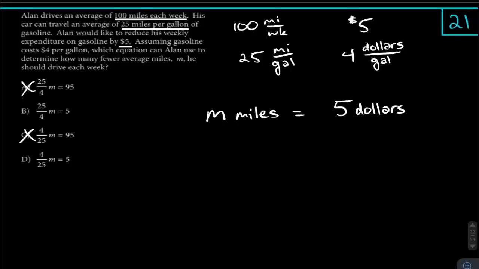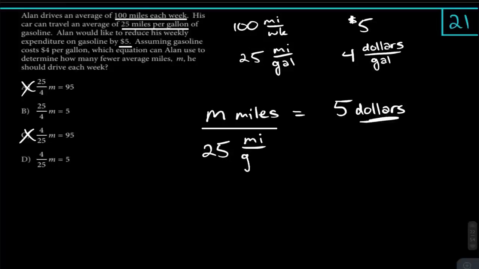You see that you have dollars over here, so miles has to cancel out. And so you want to put that miles per gallon in the denominator, right? Because if miles was in the numerator, you'd get miles squared, and that wouldn't make any sense. So I guess what I just did was actually think about it. So I guess I'm going against what I just said, but hopefully you get the point, right?